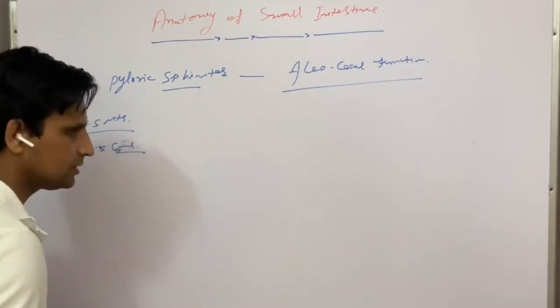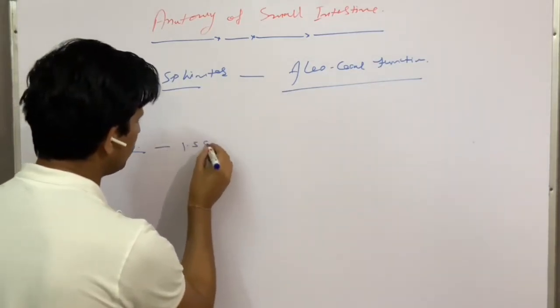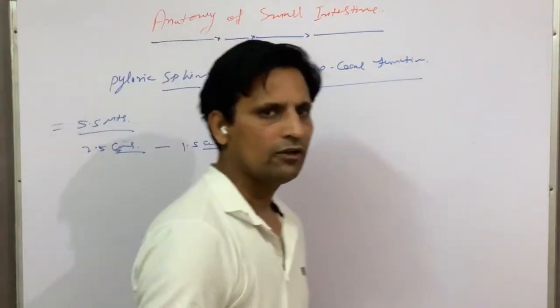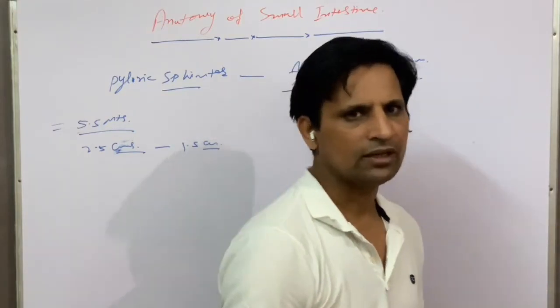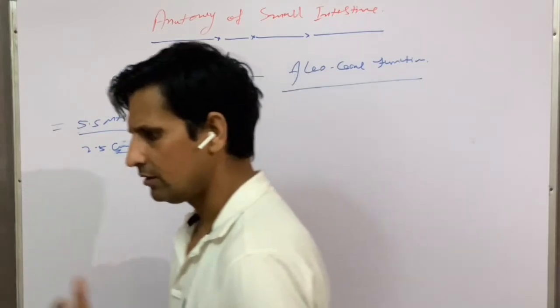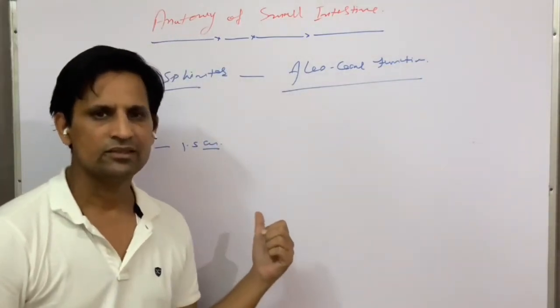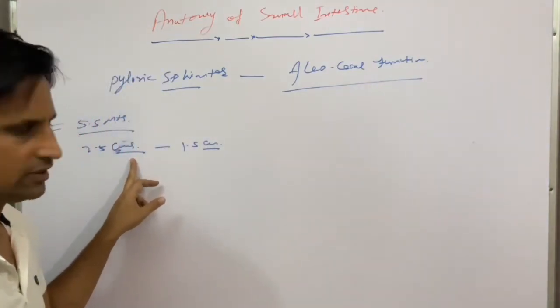In a newborn baby, it may be around 1.5 centimeters, but in an adult, it may be 2.5 centimeters. Above 2.5 centimeters, this is a clinical case, and we can know about the diameter in a CT scan also. So the average diameter is 2.5 centimeters.